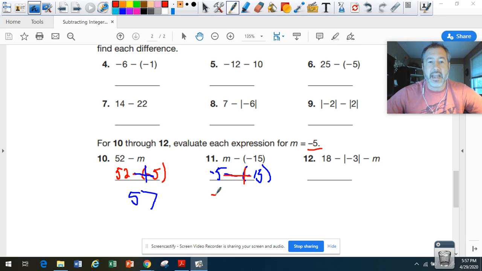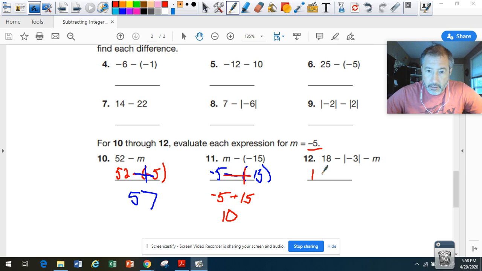So actually I have -5 plus 15. Go back to your addition rules. Signs are different. Subtract them. 15 minus 5 is 10. Go to the sign of the larger absolute value. Larger absolute value is 15, is positive. The answer is +10.